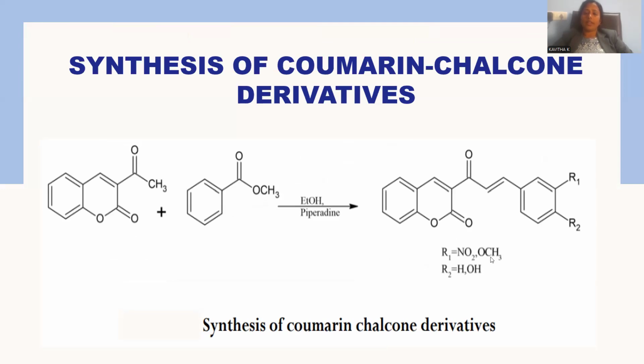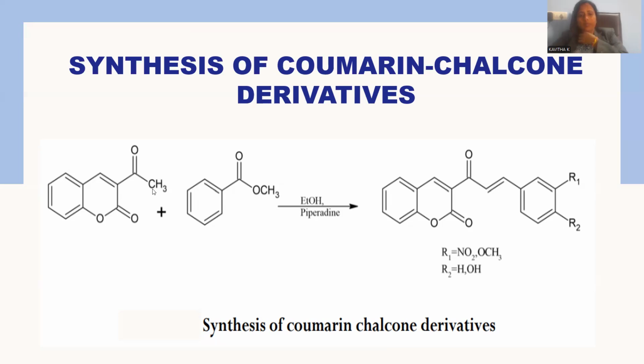Chalcones are derived starting from this coumarin. I'm taking 3-acetyl coumarin as the starting material to be treated with methyl benzoate, and ethanol is taken as a solvent. Piperidine is the basic catalyst applied. Whenever this 3-acetyl coumarin is treated with methyl benzoate, it goes for the condensation reaction.